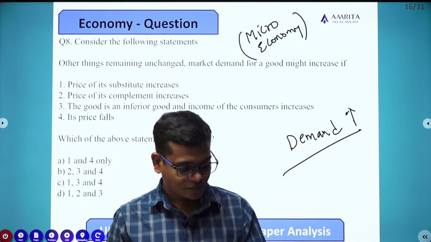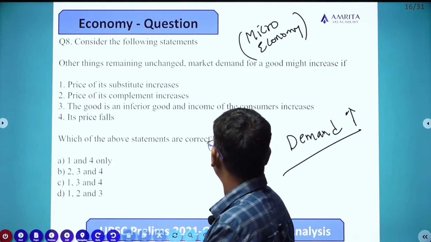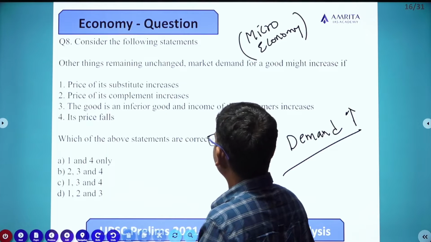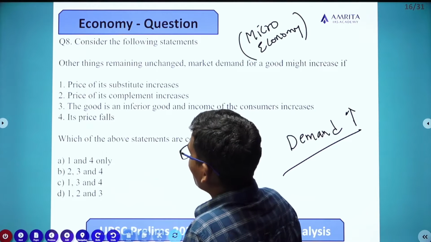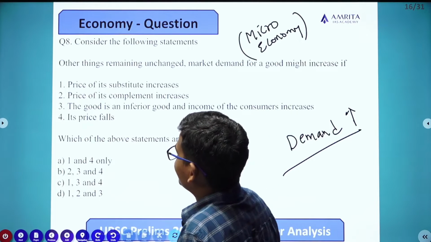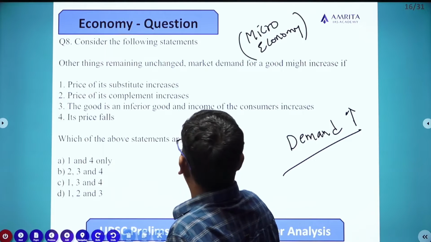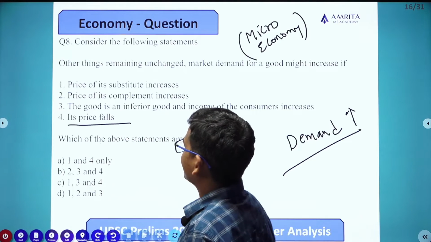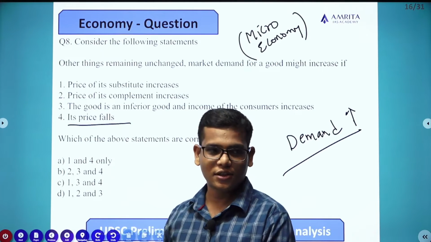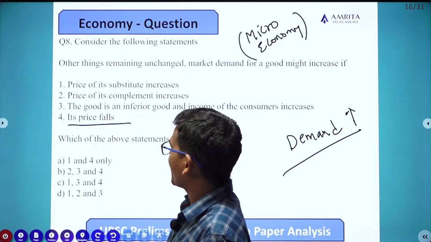Now, there are 4 statements. Just looking into this: price falls.